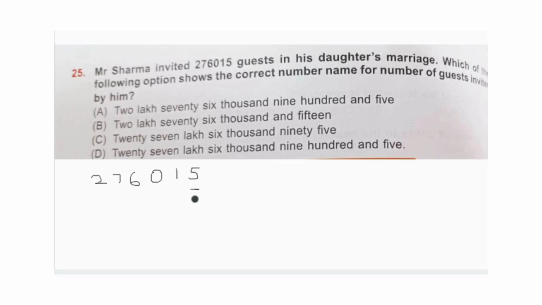This is the ones place or units place. This is the tens place. This is the hundreds place. This is the thousands place. This is the 10,000s place. And this is the place of lakh. So he invited 2,76,015 people.